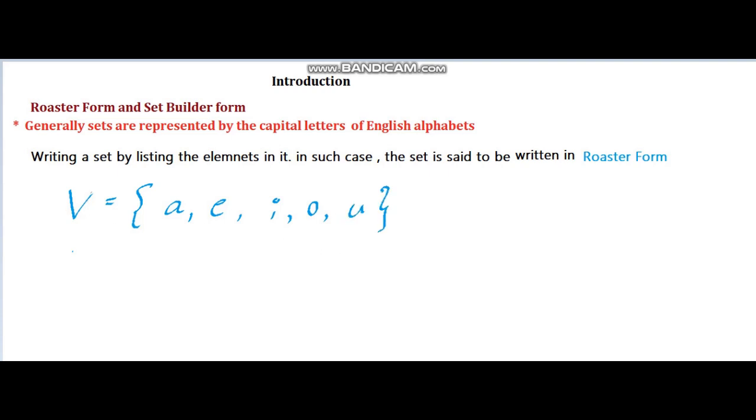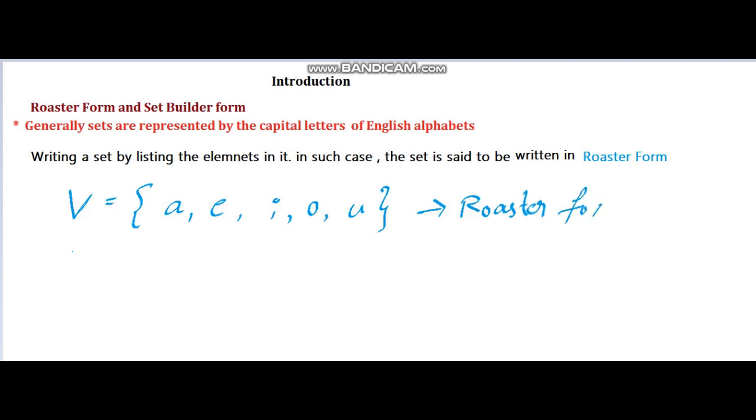So V stands for vowels, and all the elements are retained. Whenever all elements are present in the set, the set is said to be in roster form.